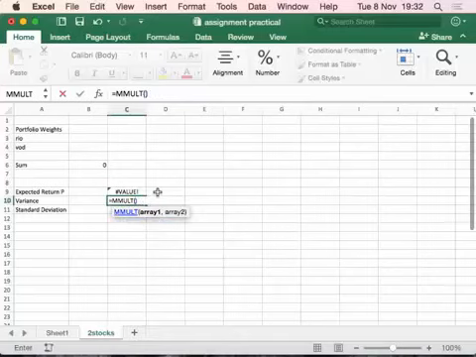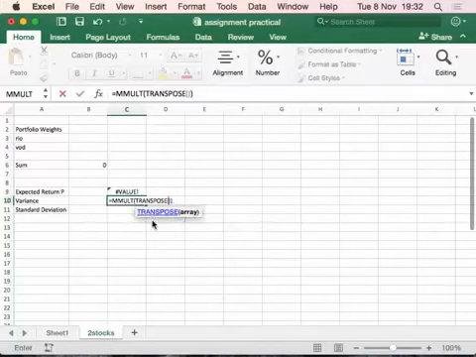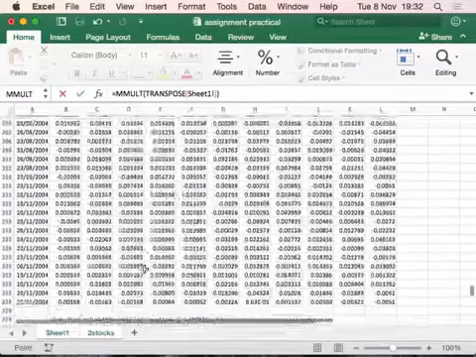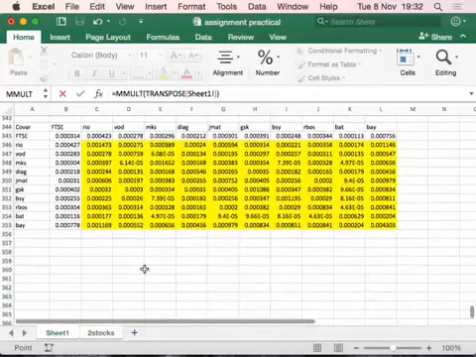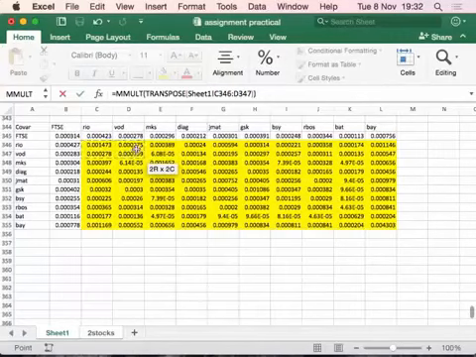Now this would be, let me have a look, the transpose of the weights, and you have to remember that we only have two stocks in this case, guys. Look at this. There are two stocks here. That's why we have only got this tiny bit. Rio and Vodafone here.